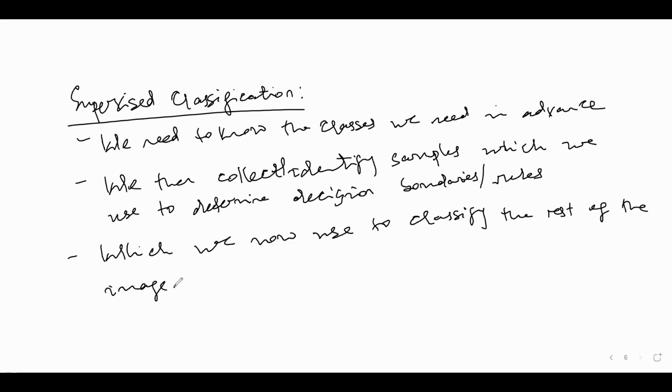So a good example is one I like using. I want to come up with a supervised classification algorithm for distinguishing between male and female, and I say I'm going to measure height against weight.